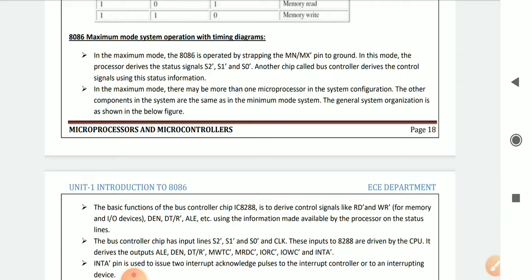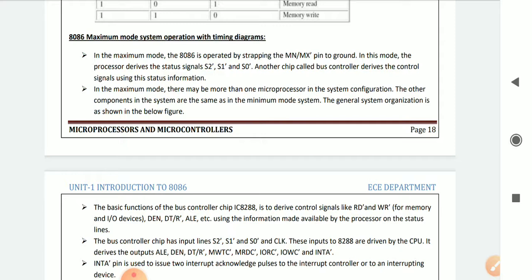Okay, the bus controller chip has input lines. So the input lines of the bus controller chip are S0 bar, S1 bar and S2 bar and clock. Okay, these inputs to 8288 are driven by the CPU. It derives the output signals ALE, then DTR bar, MWTC, MRDC, IORC and IOWC.